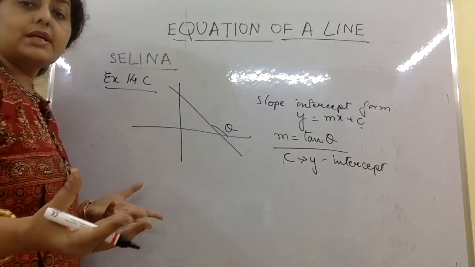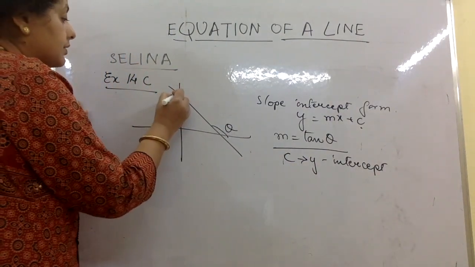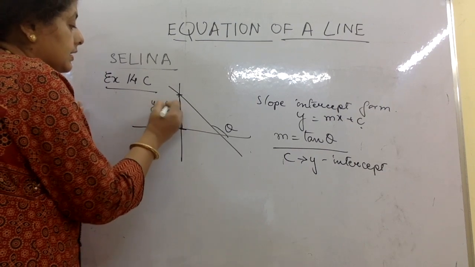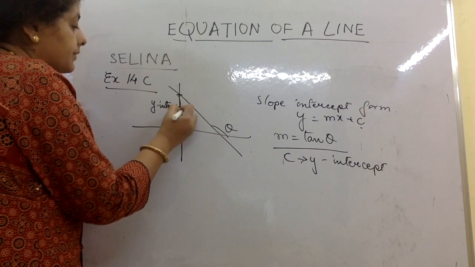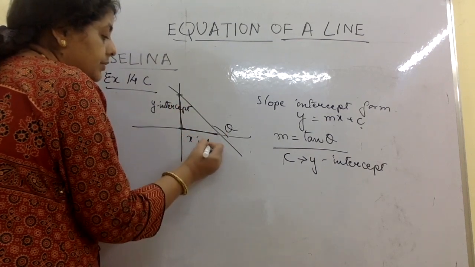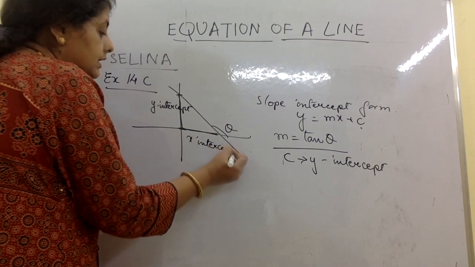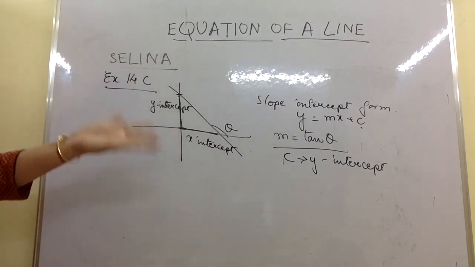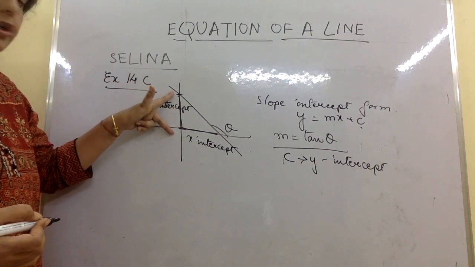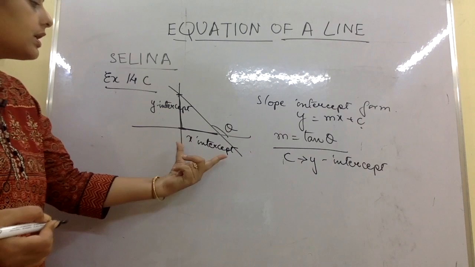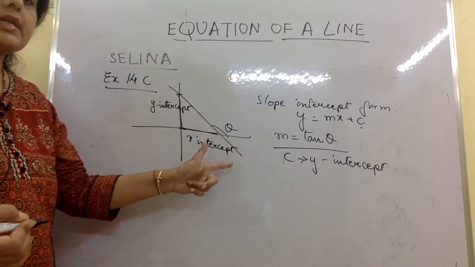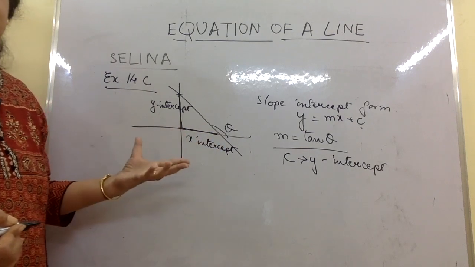Now what is the y intercept? This length is the y intercept. This length is the x intercept. It means the length that the line is cutting on the y axis, between the origin and the point on the line, is the y intercept. The distance it is cutting on the x axis, between the origin and the line, is the x intercept.